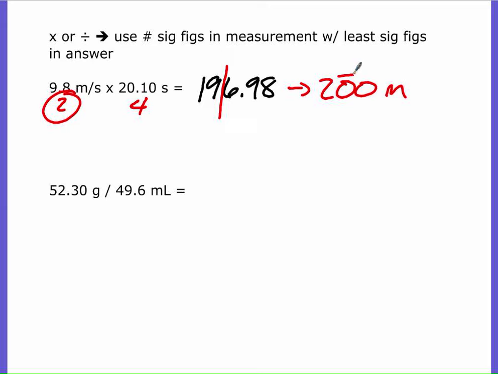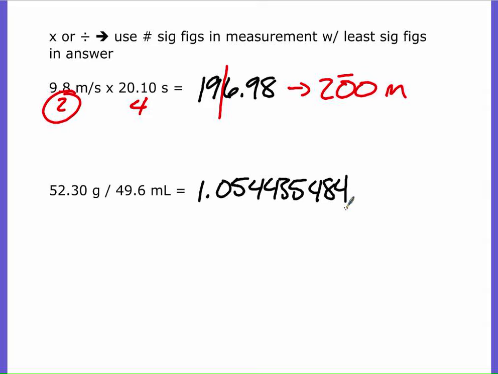Okay, the next one I'm dividing there. It looks like a density problem. 52.30 grams divided by 49.6. So I do that on my calculator real quick, and I get this answer, 1.054435484. Now, being a reasonable human being, you understand that I don't really want to write all those numbers.